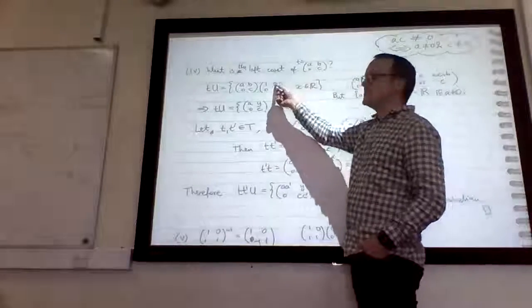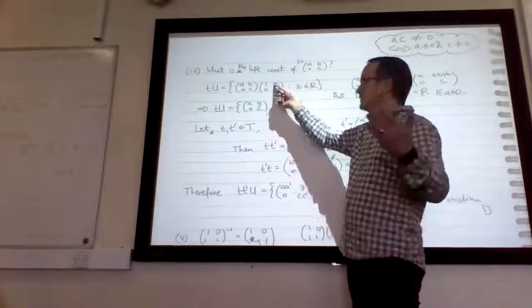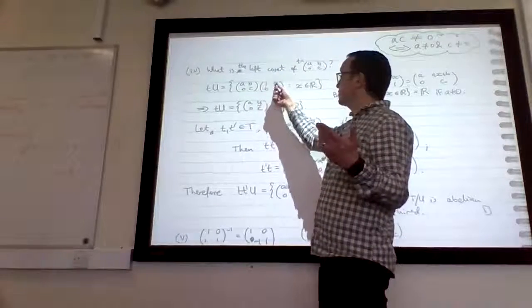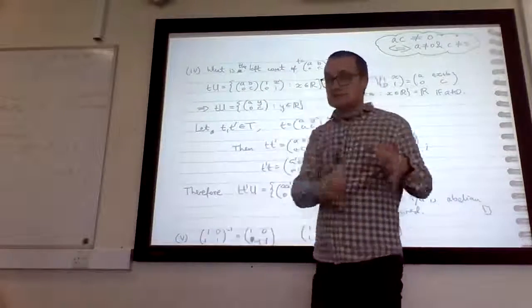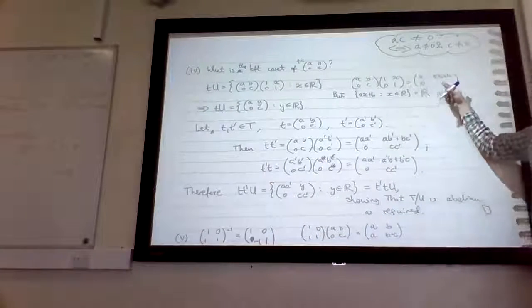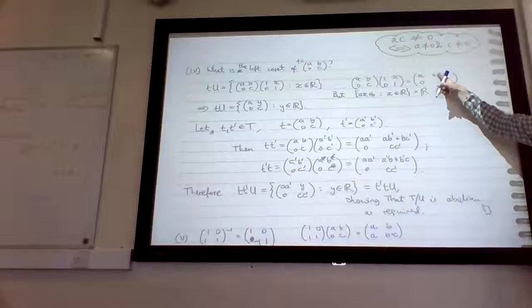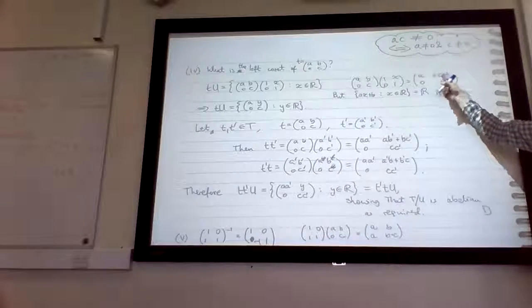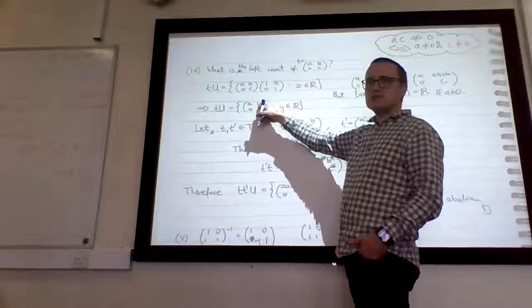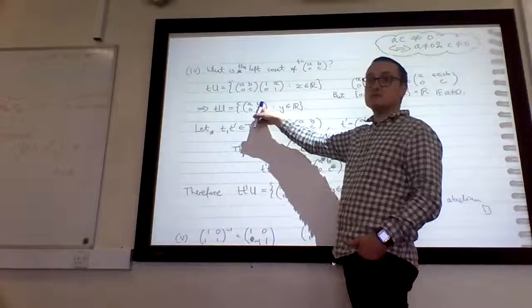Remember, x could be anything here. And indeed, U consists of every matrix here where you've got any x. So you've got the full infinite collection of matrices. In the coset, you're getting matrices like this popping out, with x varying across any real number. That in effect means the top right entry varies across any real number.